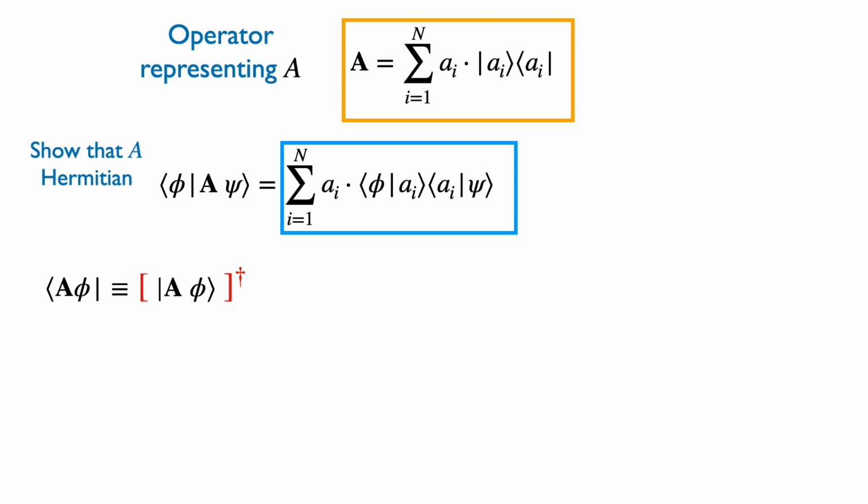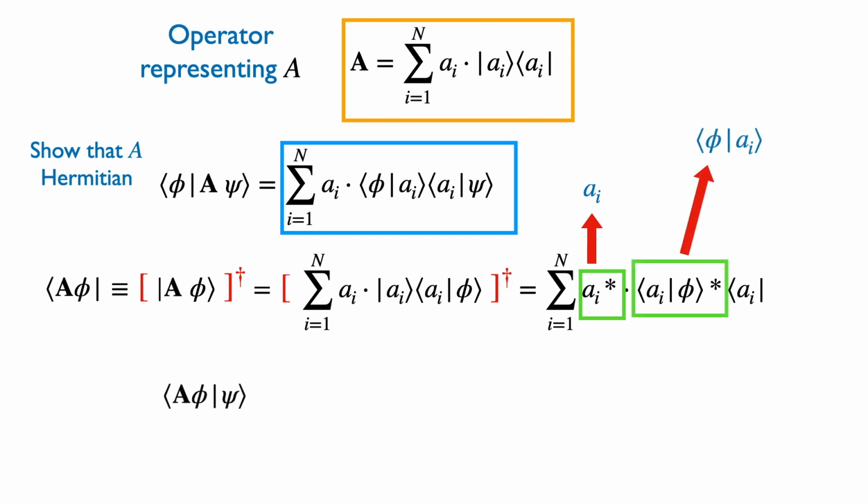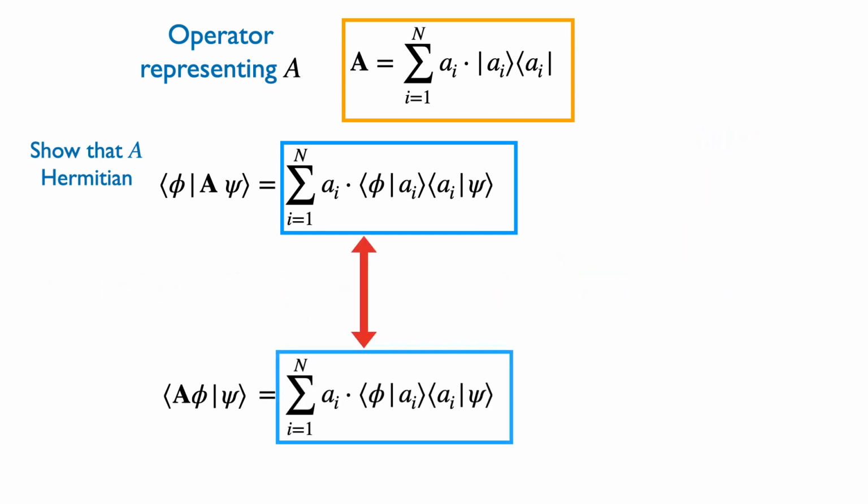Using again the representation of A, we have, since the a_i's are real, and using the sesquilinear property of the inner products, followed by taking the inner product with ket psi gives. This shows that we can move A from the ket side of the inner product to the bra side, and therefore the operator A is Hermitian.